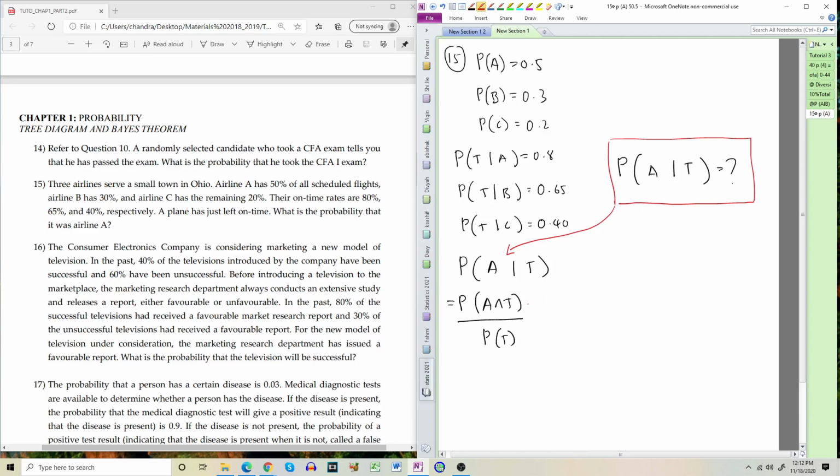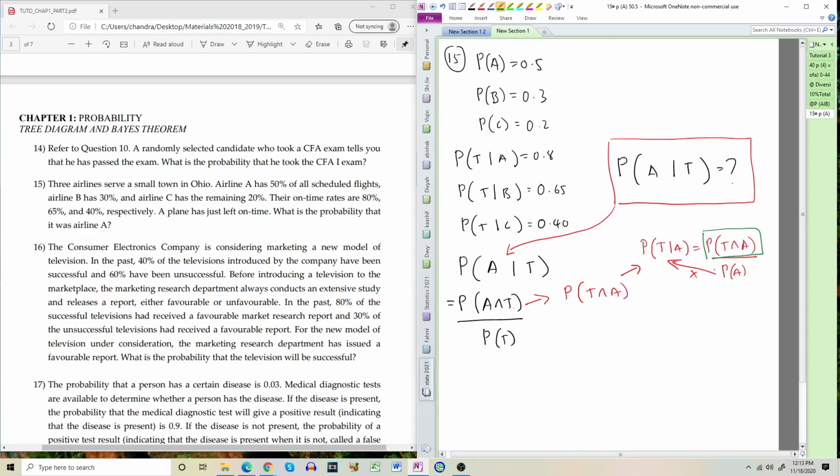So you change this to T and A, and T and A you can get from P(T|A) multiplied, you can get this.